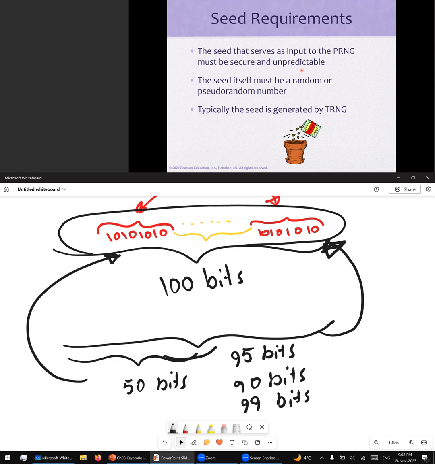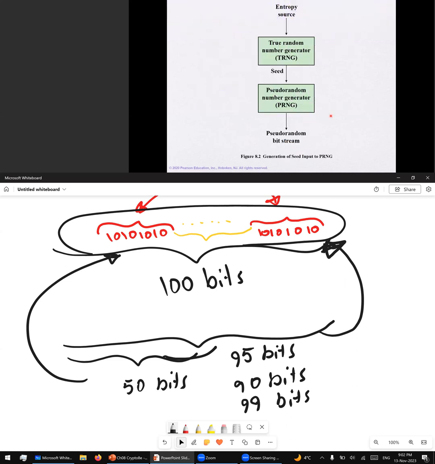Usually, the seed itself should be a random or a pseudo-random number. To make things even more secure, they say the seed should be generated by a true random number generator, right? So what we have when we talk about a pseudo-random number generator in general is an entropy source.